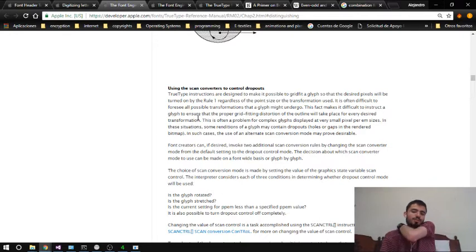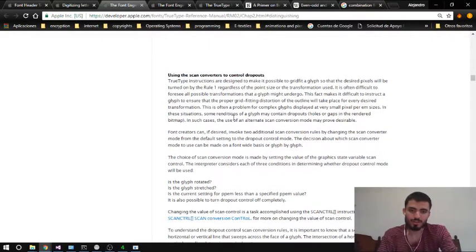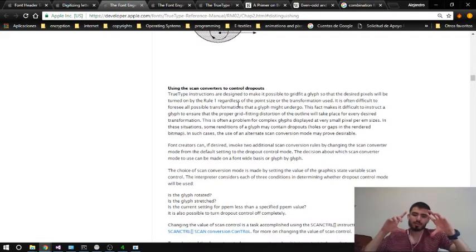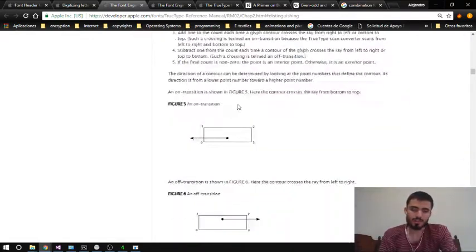So we can follow quite the same pattern the way they are rendering stuff based on the data that we got from the TrueType font. We just need to scale the font somehow, find the contour, or draw the contour, and have this master outline.